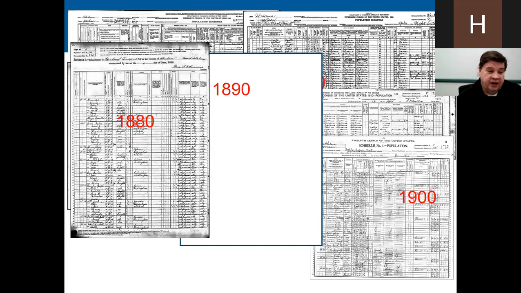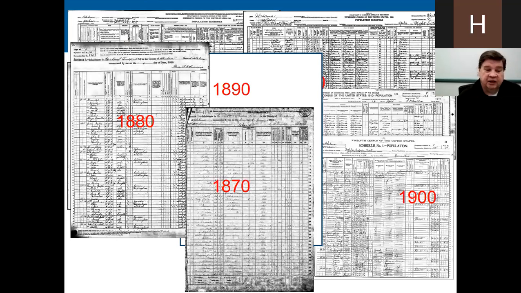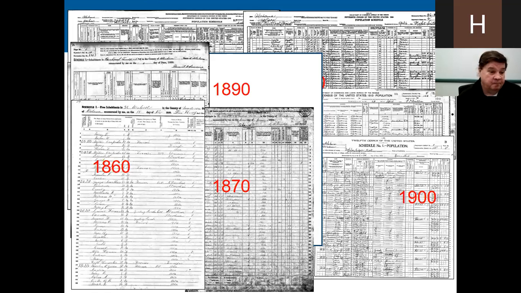And they didn't know what to do with it, so they just discarded it. Then 1880, 1870, which is a very important census for African American researchers because it's the first post-emancipation census. It's the first time every African American in the country will be listed by his or her full name, or maybe even a name at all.